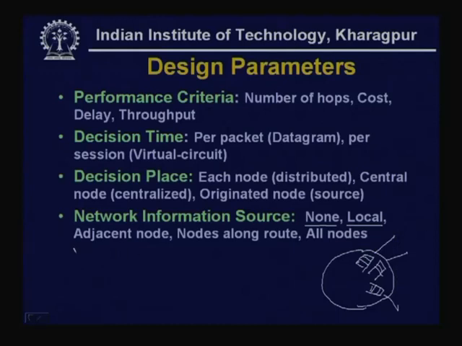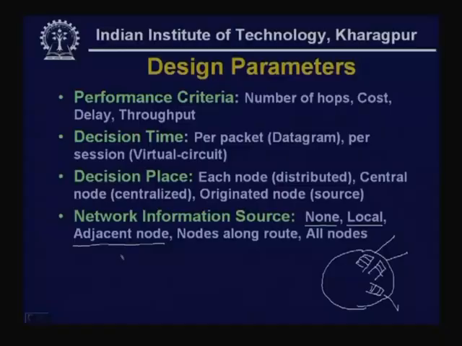The third possible alternative is that a particular node gathers information from the adjacent nodes, from its neighbors, and accordingly does the routing. Then we call it adjacent node. Or it may gather information from nodes along the route. The particular node before routing gathers information from all the nodes along the route, then decides whether it will forward in that route or in some other route.